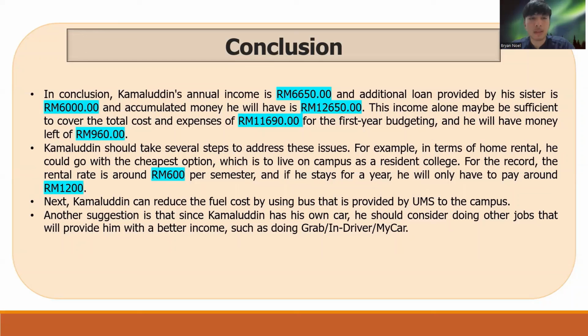Next, Kamaluddin can reduce the fuel cost by using the bus provided by UMS to the campus, and he can also consider carpooling with his friend, hoping that his friend will be supporting the full cost. He may, however, consider having some emergency funds on hand because we never know what the future holds.